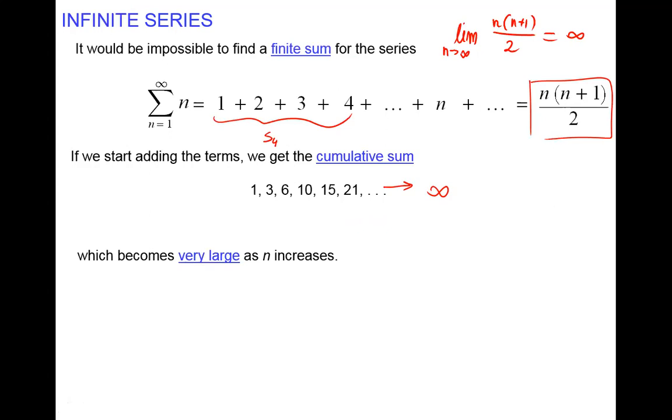That means this becomes very large, and we will call this infinite series divergent. We will have the same terminology, but let's wait for the next slides. Always when you end up with a very big number, infinity, of course, we will call it divergent. No finite sum; the finite sum doesn't exist.